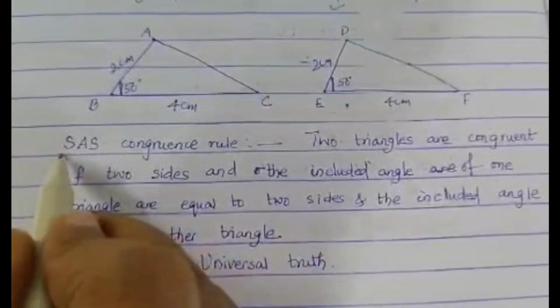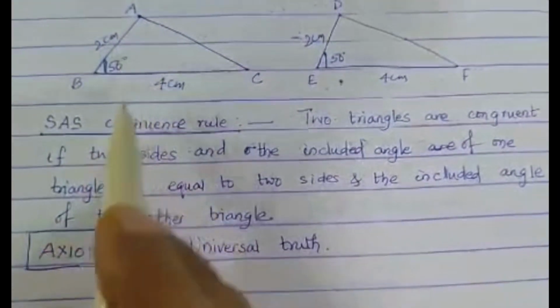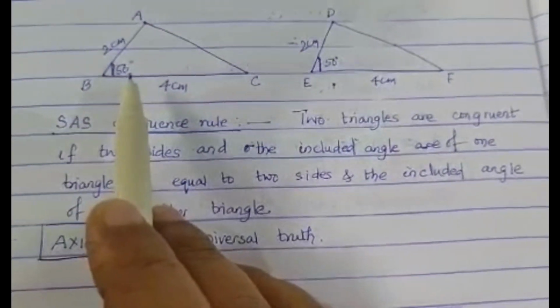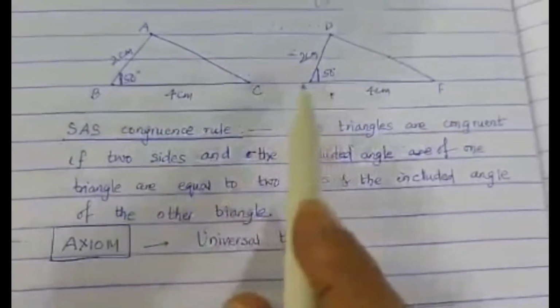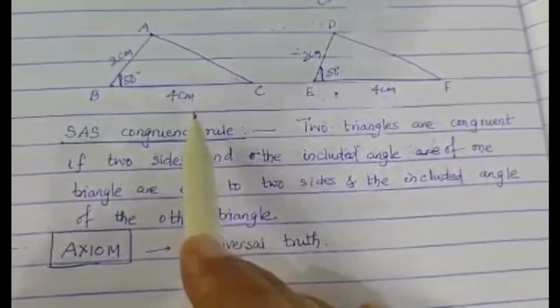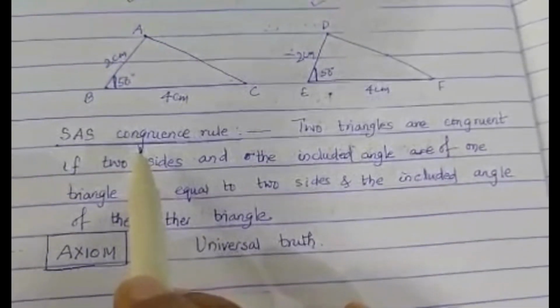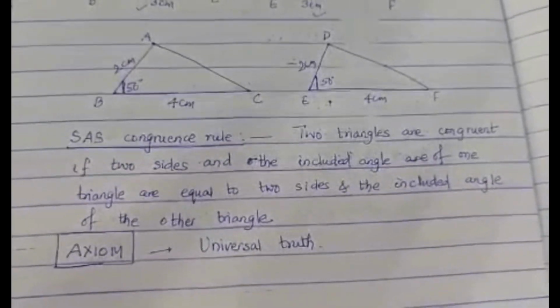So this is called the SAS congruence rule. Side angle side, two sides and the included angle. Okay, it has to be equal, then the triangles are congruent. Then later on we will see some more rules with which the triangles are congruent, but this is one of the rules, SAS, and this is taken as an axiom.